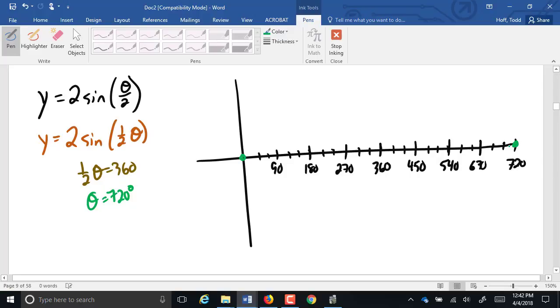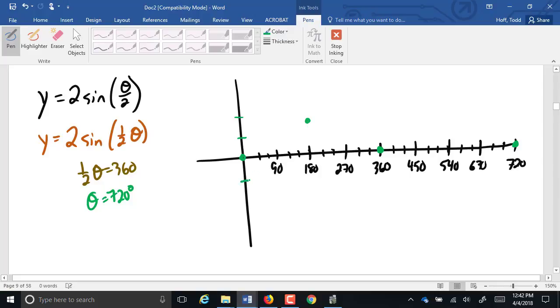Since this is a sine wave, at what point will we be at 0 again in between there? 360, the halfway point, yes. At what angle will our first peak be? 180, right? It'll be a peak of 2 at 180 degrees.